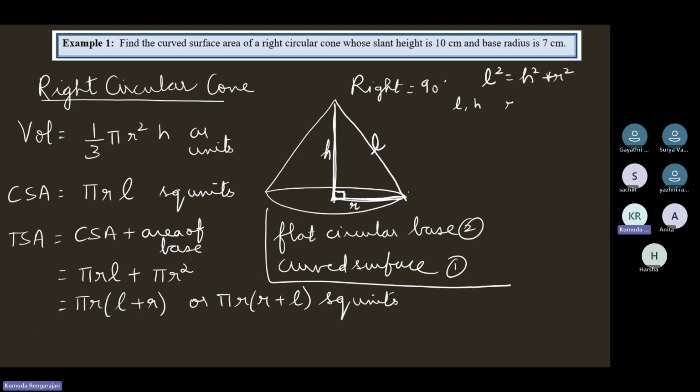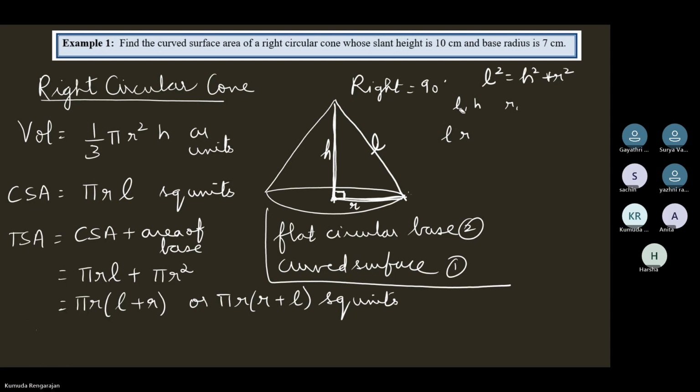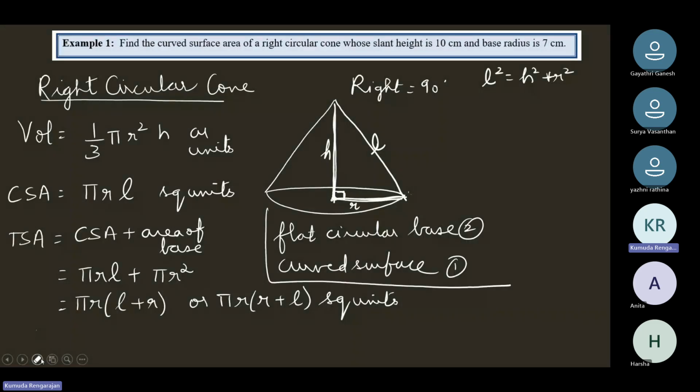If you're given r and h, you can find l. If you're given l and r, you can find h. You can also write it as l is equal to square root of h square plus r square.